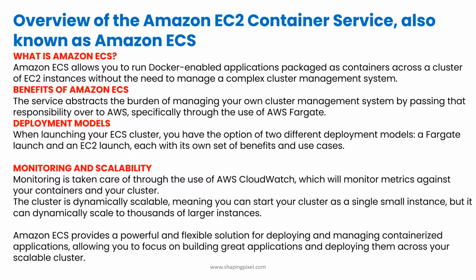The cluster is dynamically scalable, meaning you can start your cluster as a single small instance, but it can dynamically scale to thousands of larger instances. Amazon ECS provides a powerful and flexible solution for deploying and managing containerized applications, allowing you to focus on building great applications and deploying them across your scalable cluster.